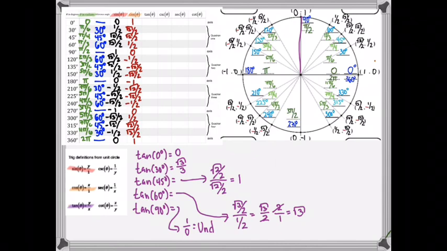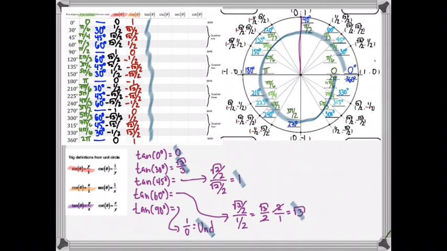So the values that we just discovered right here are going to be, in some way, shape, or form, the numbers, whether they be positive or negative, for the tangent column as we go around the unit circle and keep doing y divided by x.